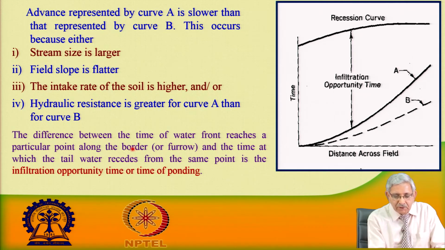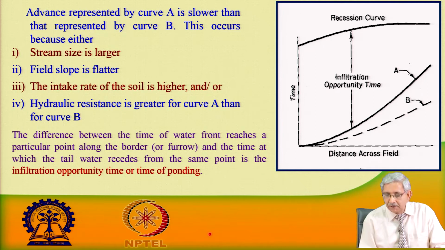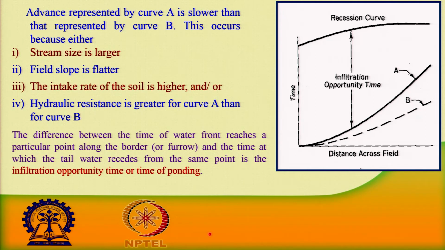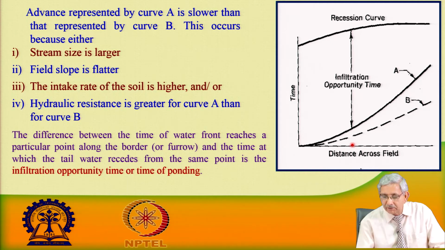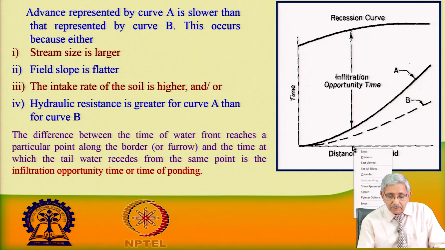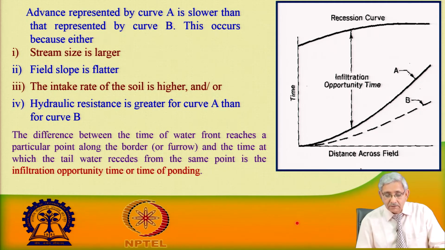Infiltration opportunity time is the difference between the time the water front reaches a particular point and the time at which tail water recedes from the same point, also called the time of ponding. Say this is the point it has reached, and then it starts receding from the same point.